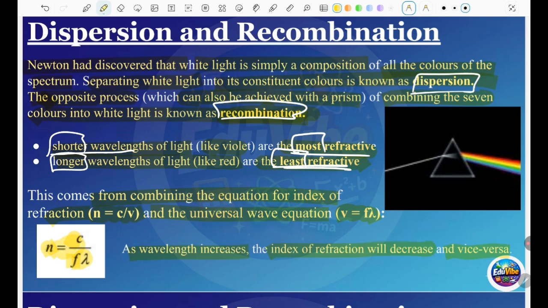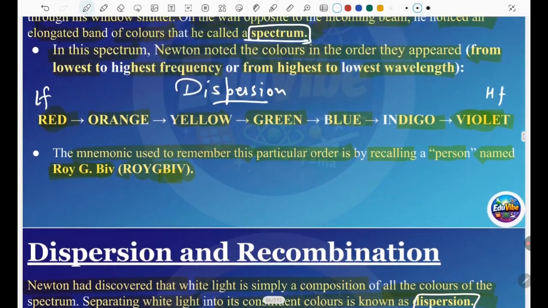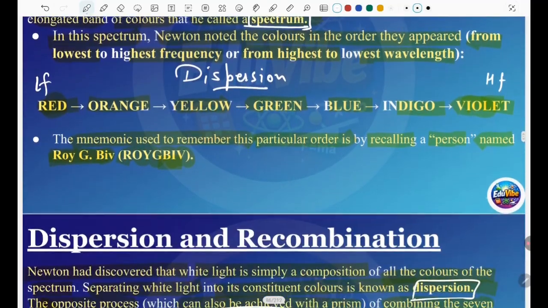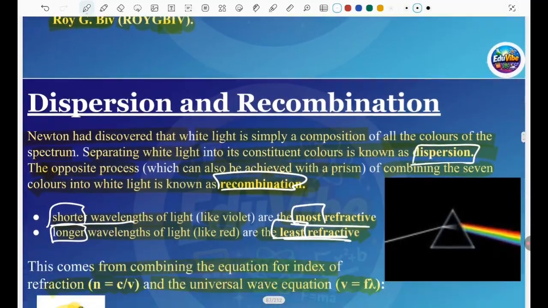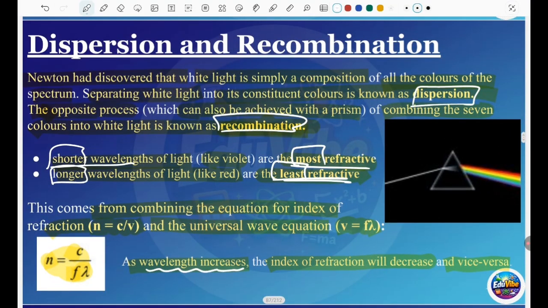We can't use this formula very frequently, but it tells us that going from violet to red, as the wavelength increases, the index of refraction decreases. If the wavelength decreases, the index of refraction increases.